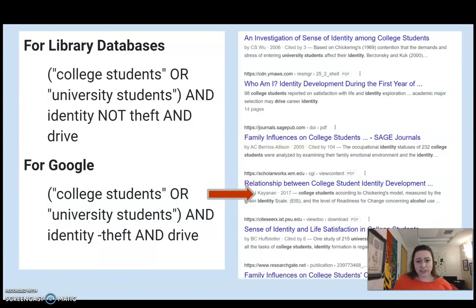A couple things to note about this. If you are in the library databases, this works for all of them, with one thing being here, we want to make sure that not is taken out.